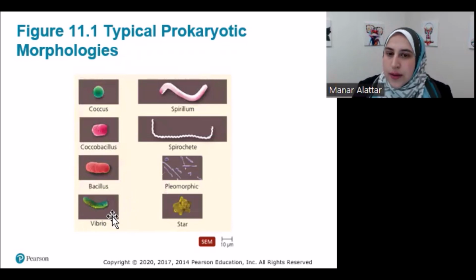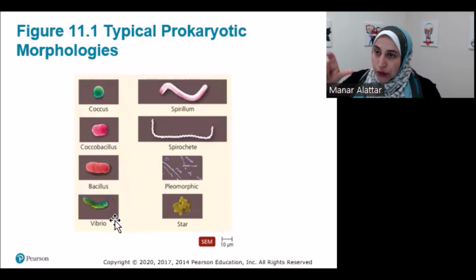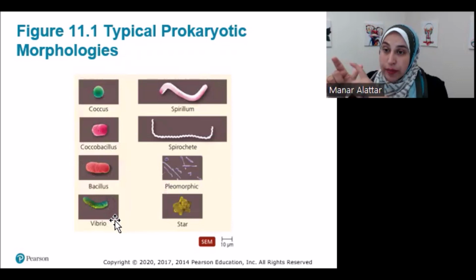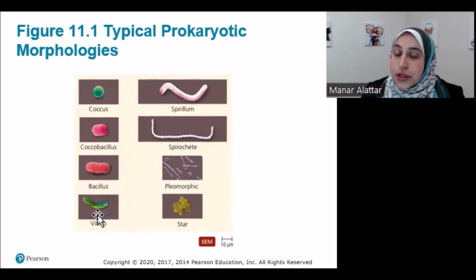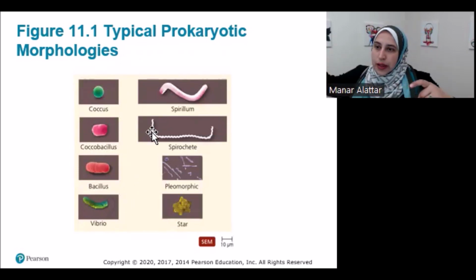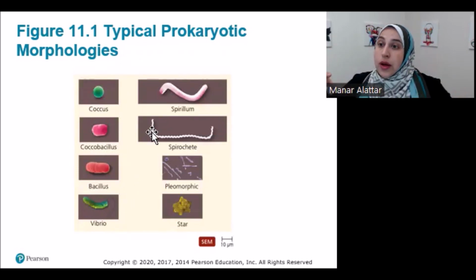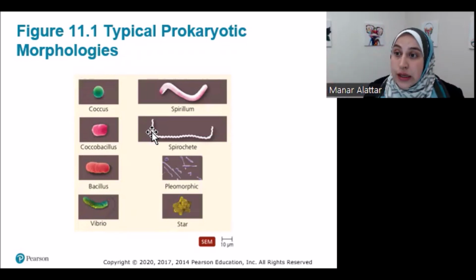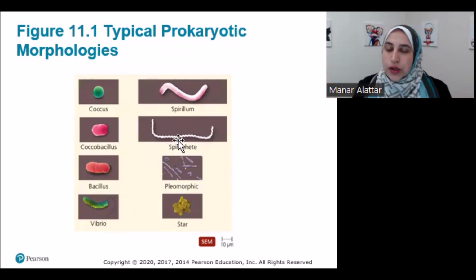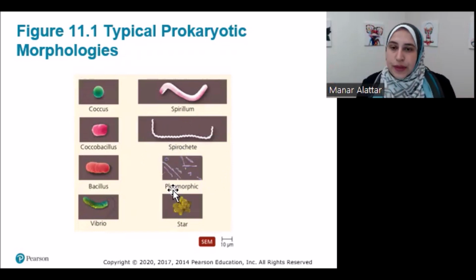We also have some variations of a rod-shaped organism where we have a curved rod, more like a comma shape, and those are called vibrio-shaped organisms. And we also have very long spirilla that are more flexible, and we call those spirochetes. Spirochetes have some very unique characteristics that are also related to their shape. We'll talk more about those today.